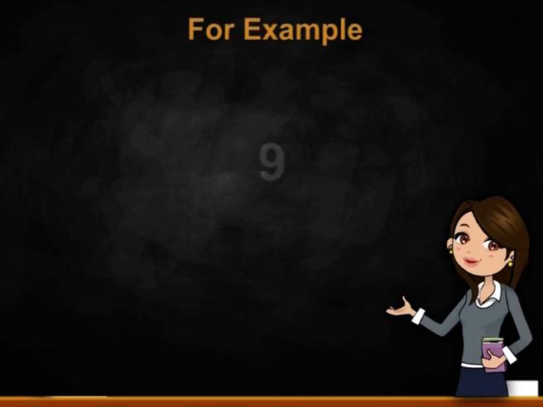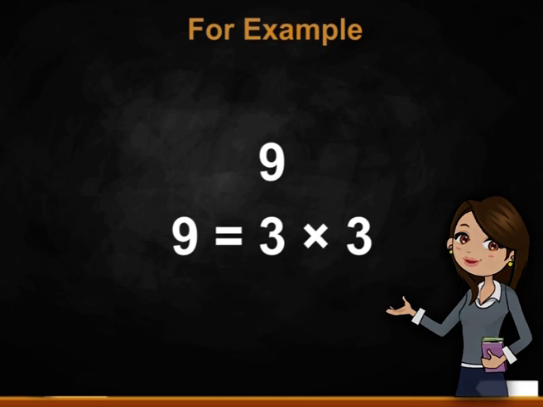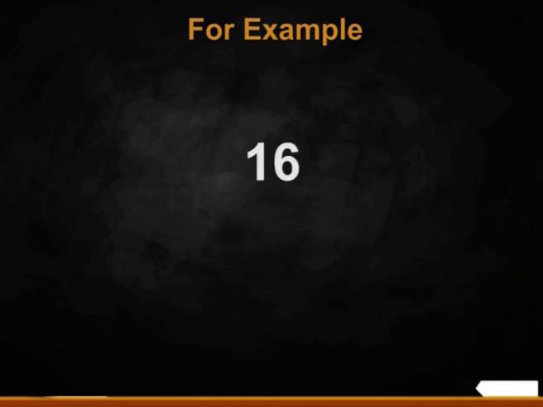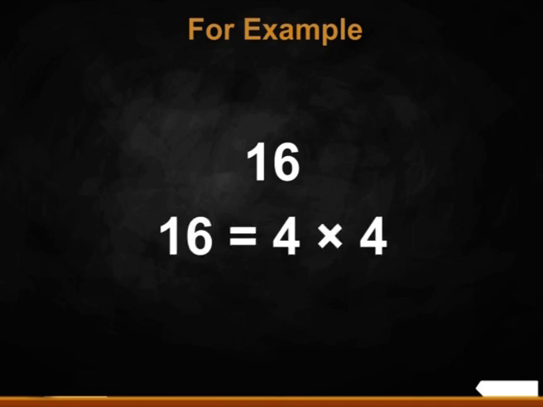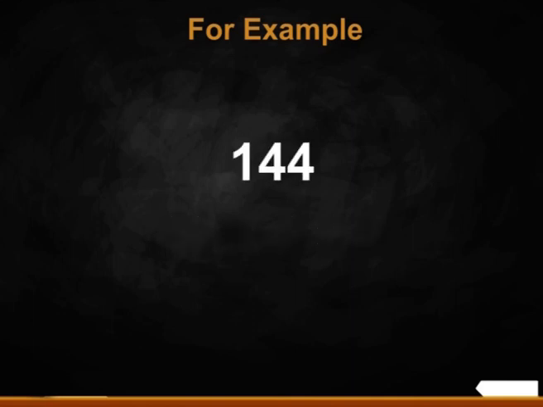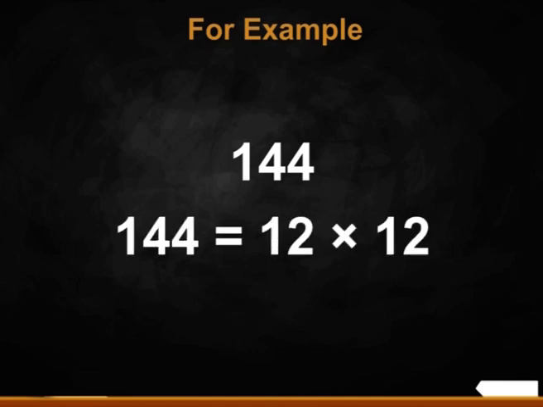For example, 9 is a perfect square number since it is written as 3 multiplied by 3. 16 is a perfect square number since it is written as 4 multiplied by 4. 144 is also a perfect square number because 12 multiplied by 12 gives 144.